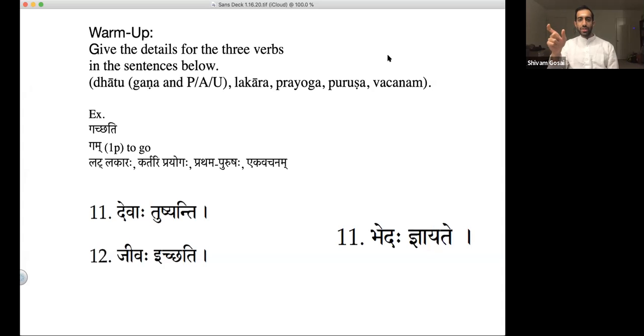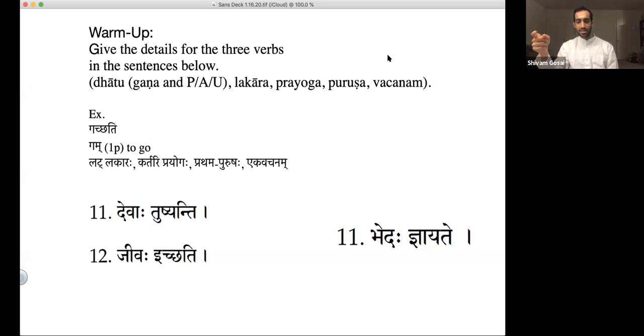The reason we know it's active voice and not passive voice is that passive voice has two indicators: it has a yakara, and it has an atmanepada type suffix. Here we do have a yakara, so that gets a check. But does it have an atmanepada suffix? No, it has e instead of a.